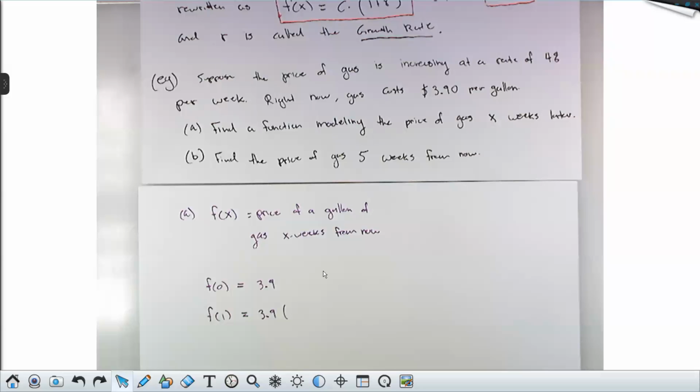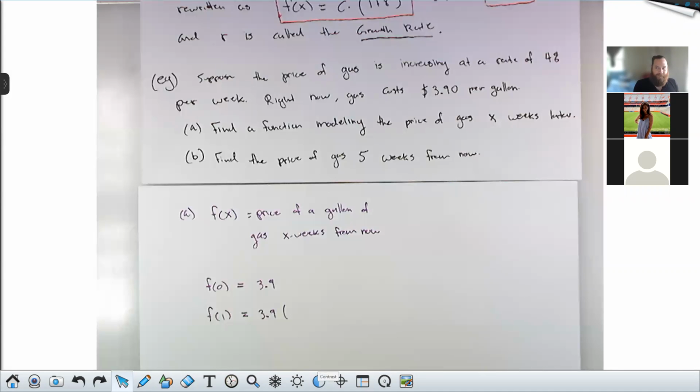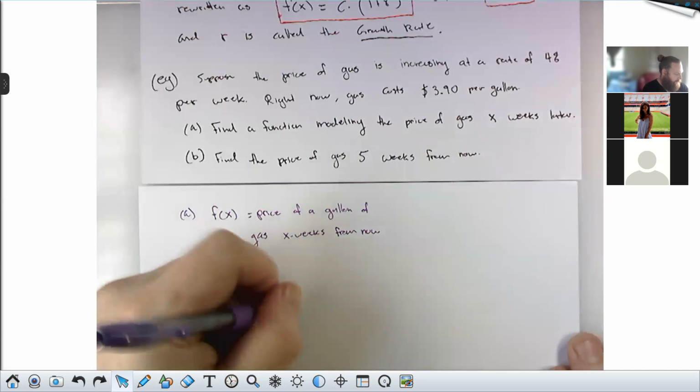Okay, maybe too much at once. Let me back up a little bit. Is it 1.04? Yes, it's 1.04, exactly, because I want to pay 104% of what gas cost last week.